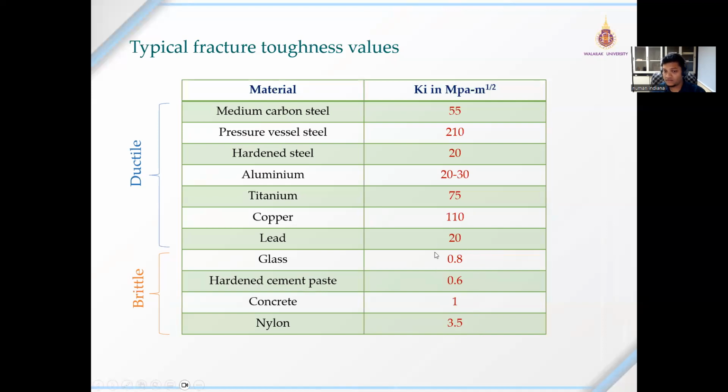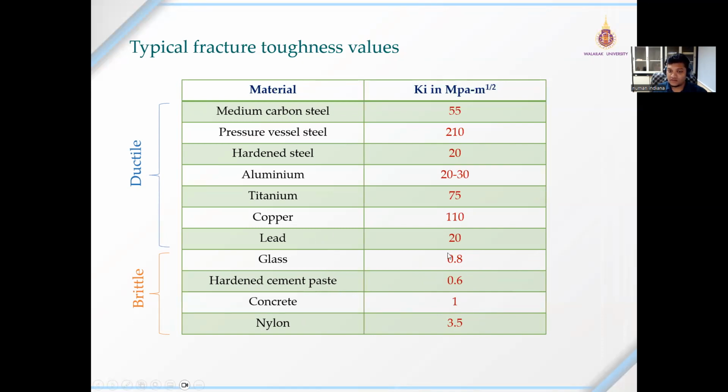They have less than one in glass, in cement paste, and also in concrete. But nylon, since it is a fabric kind of material, will have a little more compared to these materials.